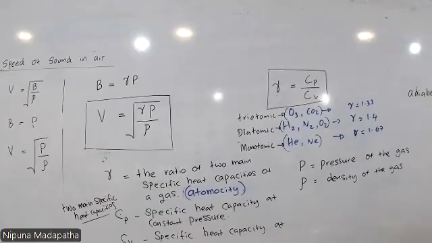What is standard? Normal means about 27 degrees Celsius, for example room temperature.